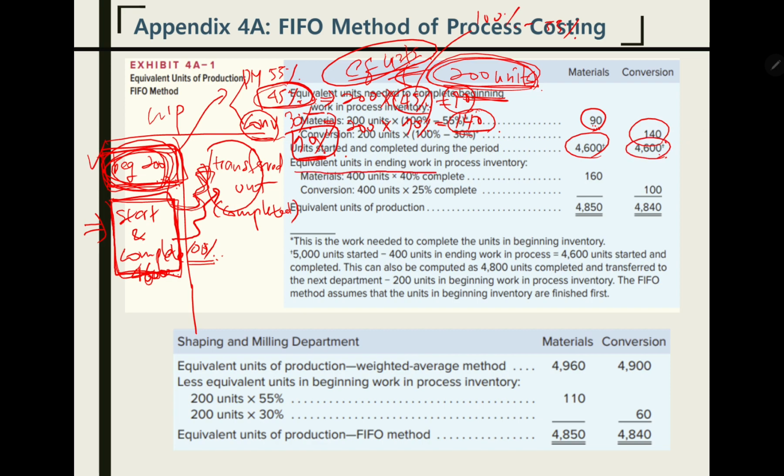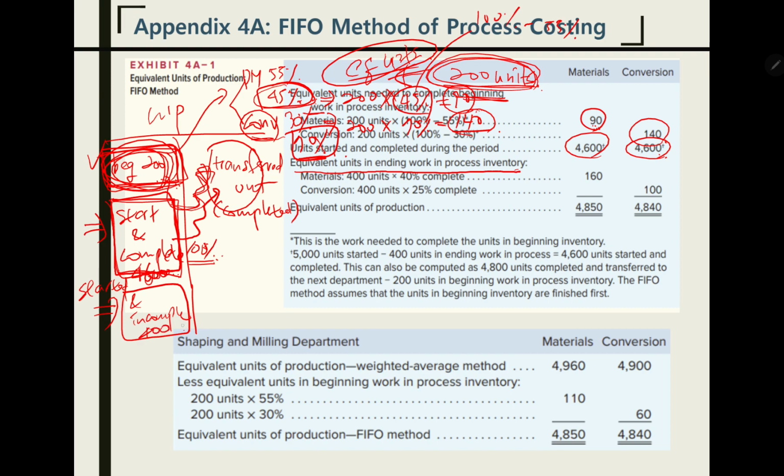And equivalent units in ending work in process. So we have another group of started units, started but incomplete. They are the ending inventory of this process, right? They are 400 units.